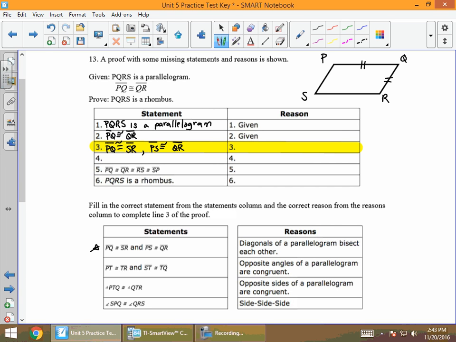That's the statement that I'm going to use in line 3. And the reason for that, as I look on the right side, is because the opposite sides of a parallelogram are congruent.